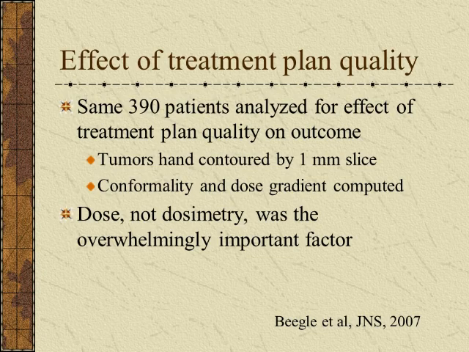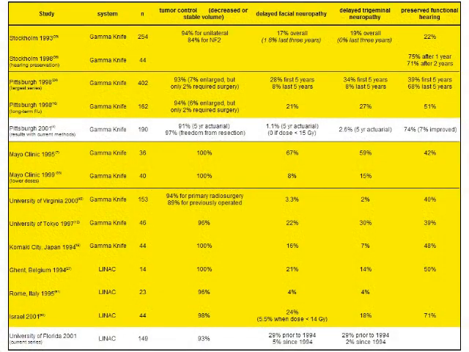They're dependent on dose. Just like I showed you for the arteriovenous malformations, if you look at groups that have done fairly significant numbers of vestibular schwannomas, the results are the same. And the only groups that haven't done big numbers are the LINAC groups.